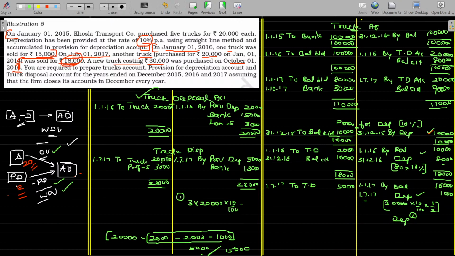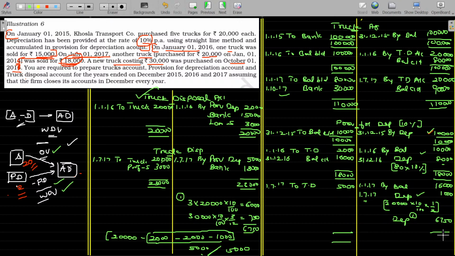How much is that? 6,000. Apart from that, a new truck is also purchased for 30,000. Eligible for 10% depreciation only from the date of purchase. The date of purchase being 1/10. So 1/10 to 31st December, only 3 months. So it is eligible for 3 months depreciation, 750. So then the overall depreciation to be charged in this year being 6,750.